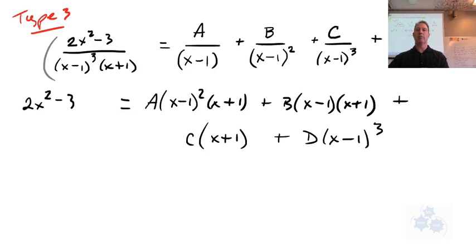Just to go back, I'm multiplying every single thing by the denominator of the left side, so some of these cancel out. One of these cancels with one of those. That's why I have a squared, and then x plus 1, and so on.